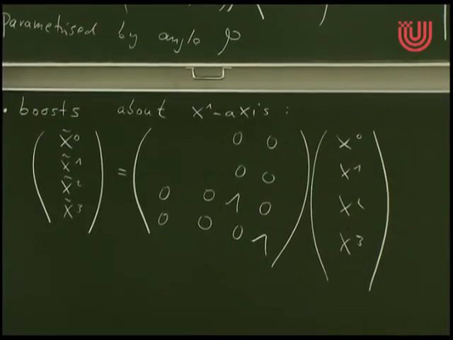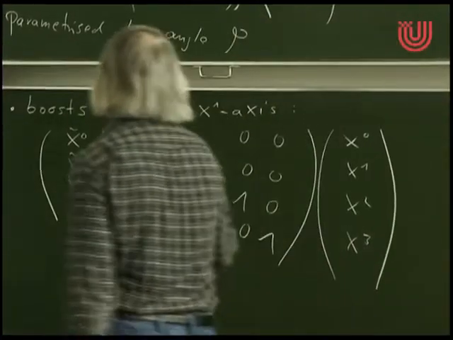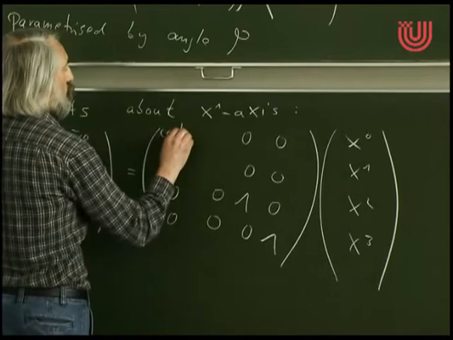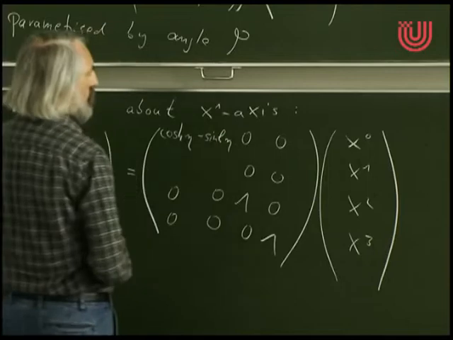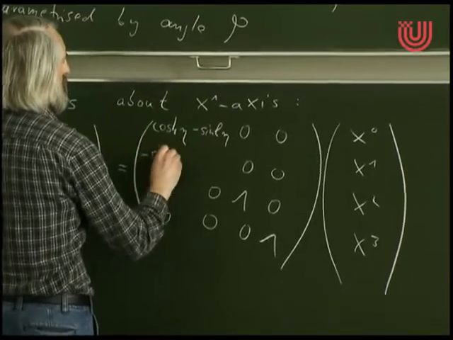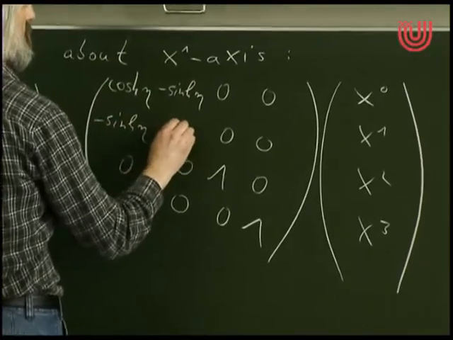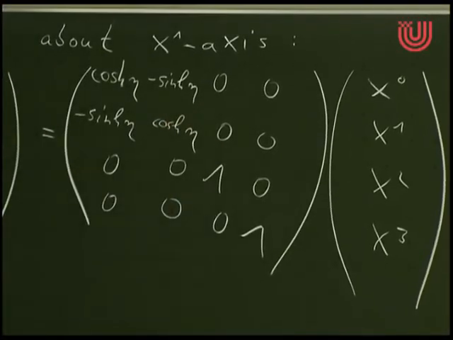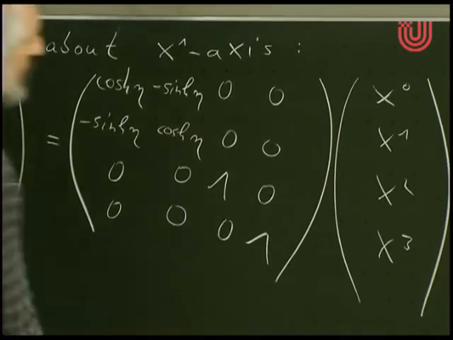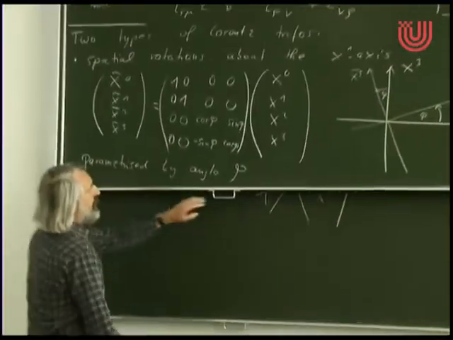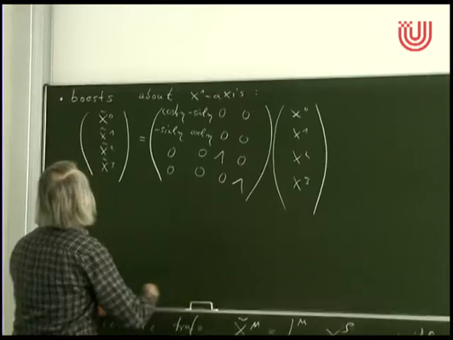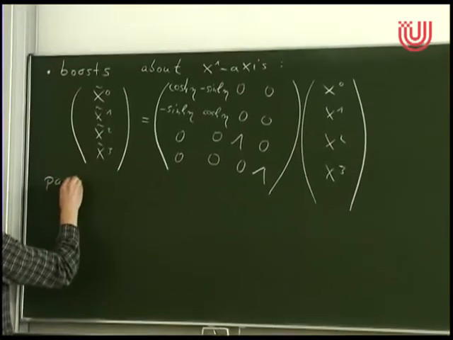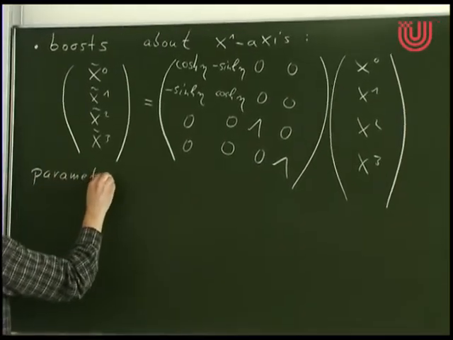So I have here cosh of eta, here minus sinh of eta, minus sinh of eta, and plus cosh of eta. So the whole thing is parameterized by a parameter eta, and that's what we call the rapidity.